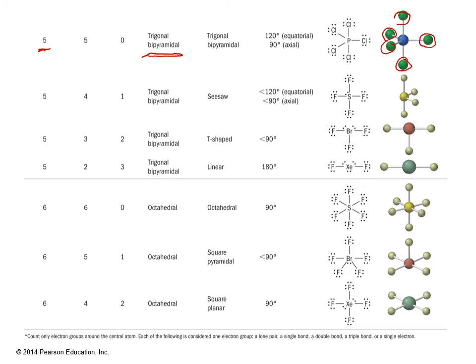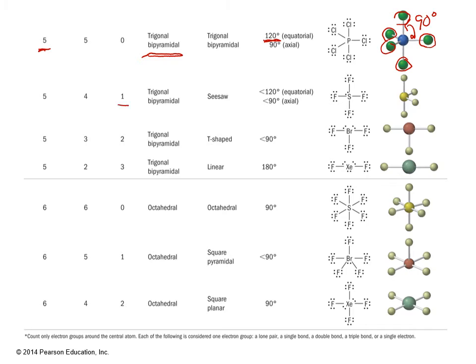And if we look at this, this kind of looks like 2 pyramids stacked on top of each other, which is where the trigonal bipyramidal comes from. The bonds between our equatorial atoms are 120 degrees, and the bond between the axial and the equatorial is 90 degrees.